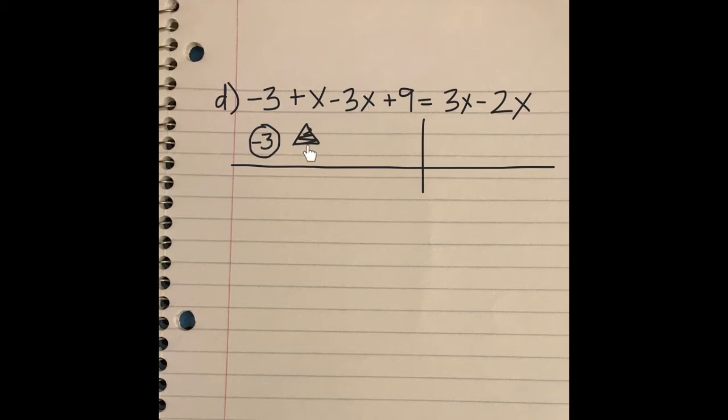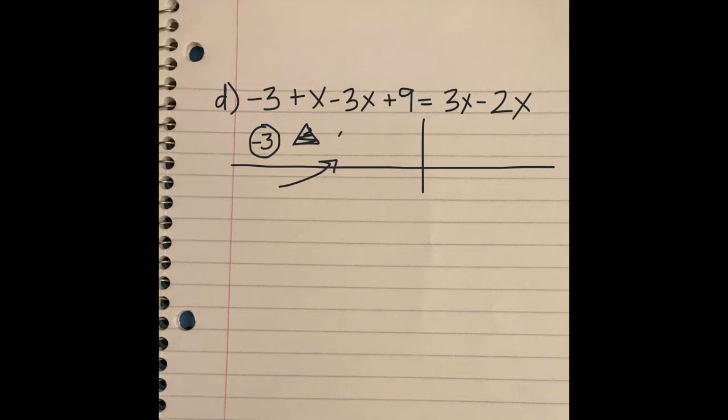The problem is I only have 1 x to take away. So it looks like I'm going to have to bring in some 0 pairs. Since I already have 1 x and I need to take away 3, it looks like I only need 2 0 pairs.